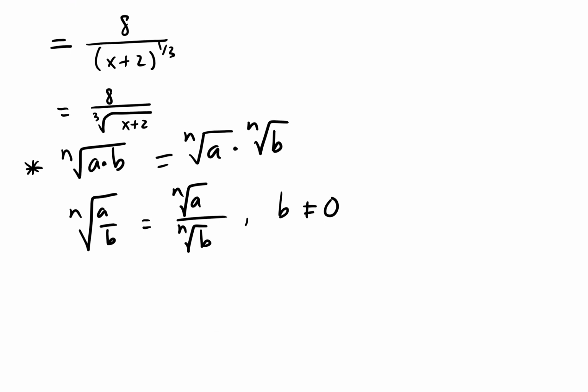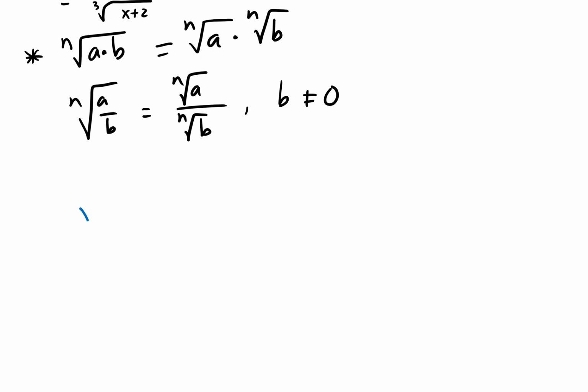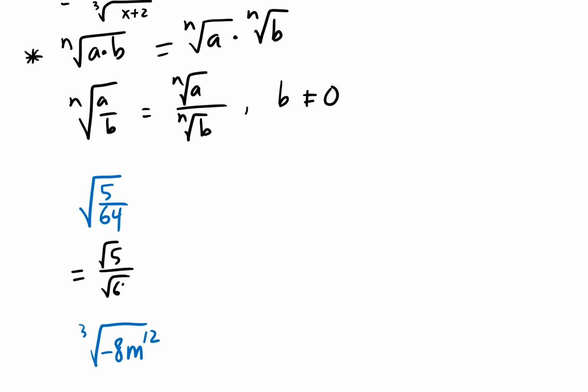And how do we apply them? For example, if I want to simplify, let's say, the square root of 5 over 64, something simple like this, or the cubic root of negative 8m to the 12. For the first one, you do the square root of the top, square root of the bottom, so that would give me square root of 5 over 8.